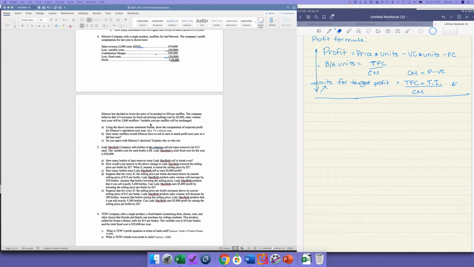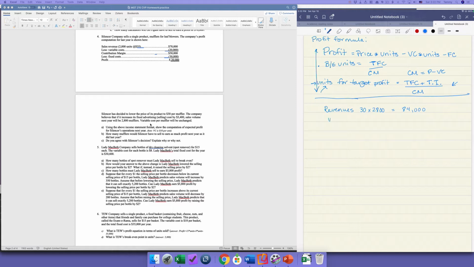So let's figure out, first of all, what profit we will have under these new circumstances. So we're going to write up the same exact function as you see there. So we have revenues of, I'm sorry, $30 per muffler times 2,800 mufflers sold, which is going to be $84,000.